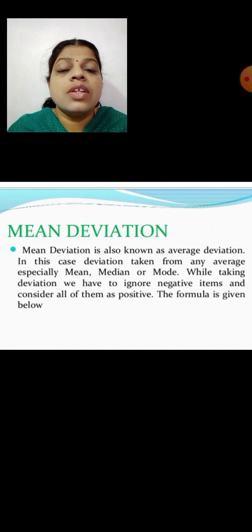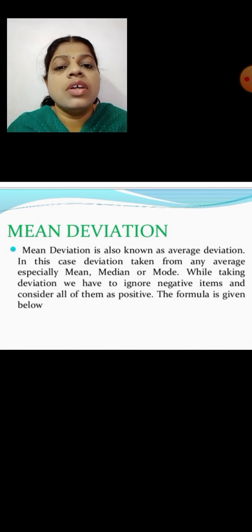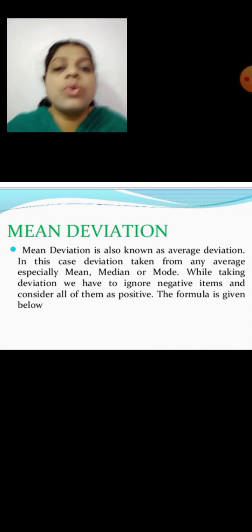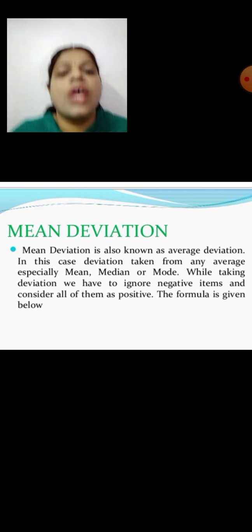That is what we have to take into consideration while calculating the deviations from the mean or any of the averages. We have to consider all the values as positive values. If any negative items are there, we have to ignore such negative signs.